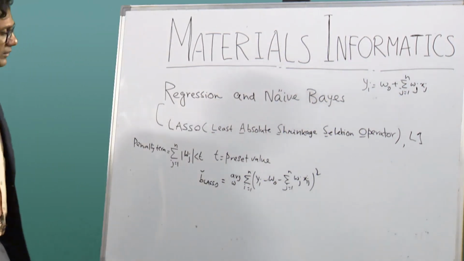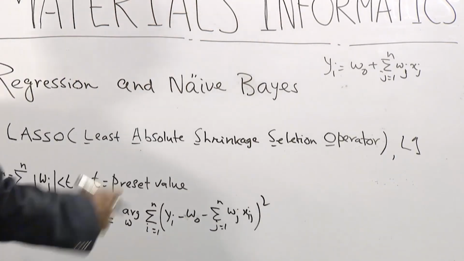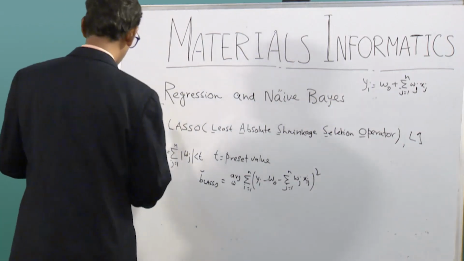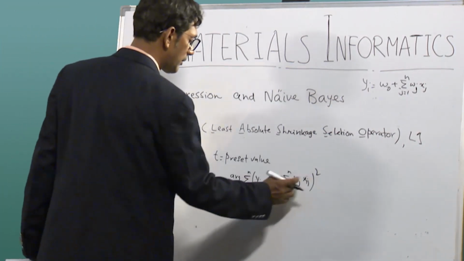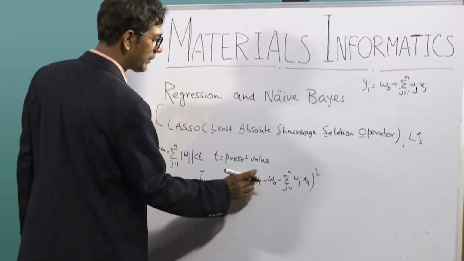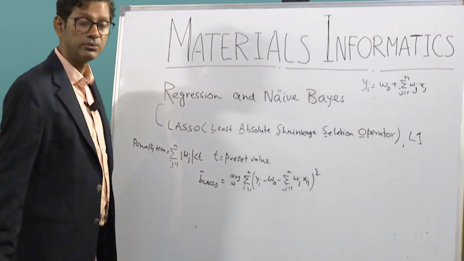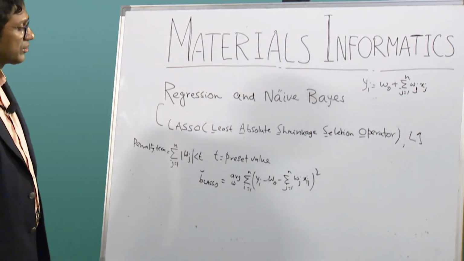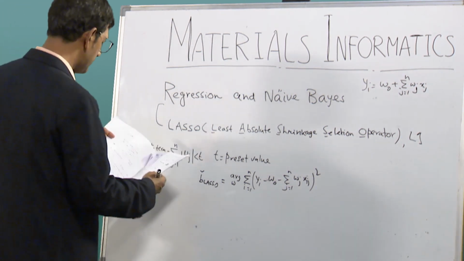That is your least square aspect, or what you call the residual sum of square. This is my label, this is actually the predicted value, and this is your fitted value. So, the difference between these two, taking the square of that, is basically called the residual sum of square.